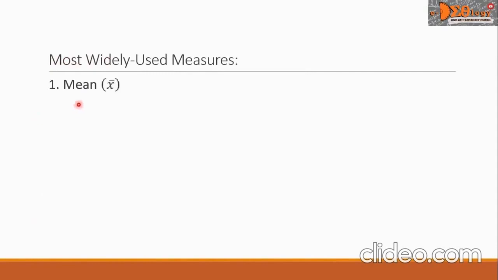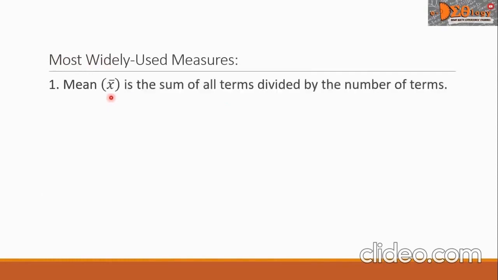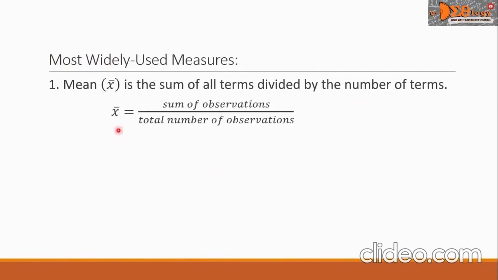The mean, symbolized by this symbol, and this is read as x bar, is the sum of all terms divided by the number of terms. In symbol, we may write x bar equals sum of observations divided by total number of observations.